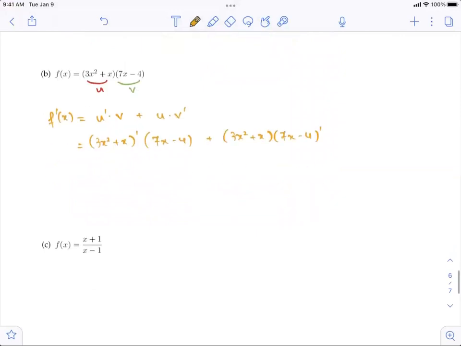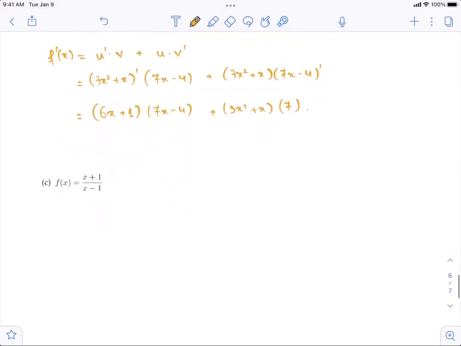All right. So the derivative of this function is going to be 6x plus 1 times 7x minus 4 plus 3x squared plus x times the derivative of 7x minus 4, that is just 7. Okay, so that's the product rule.